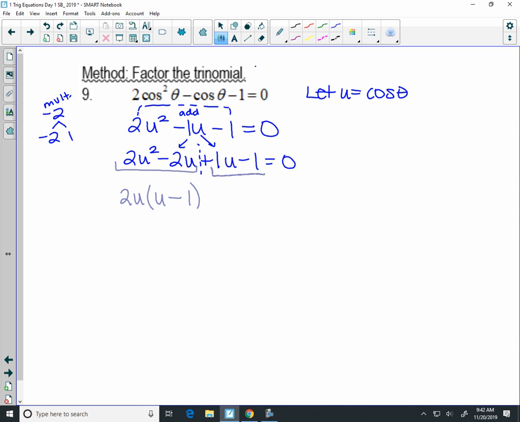The second half of our problem here, you always bring down this positive or negative in the middle. And then if you don't have anything in common, you want to write a 1. Because the way you build your factors is to take this stuff on the outside and make it into one set of parentheses. Take this stuff on the inside and make it into another.